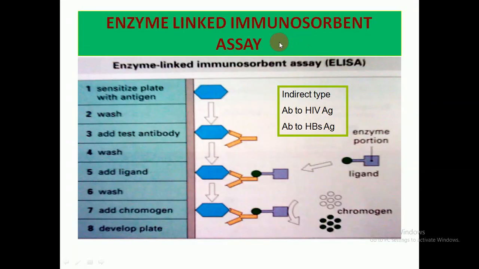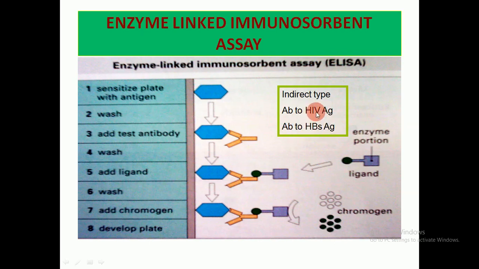Another type of the ligand assay using enzyme is called enzyme-linked immunosorbent assay, ELISA, and this is used for detection of antibody to HIV, human immunodeficiency virus, and antibody to hepatitis B surface antigen.